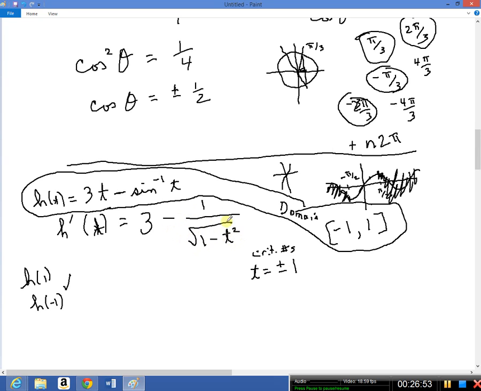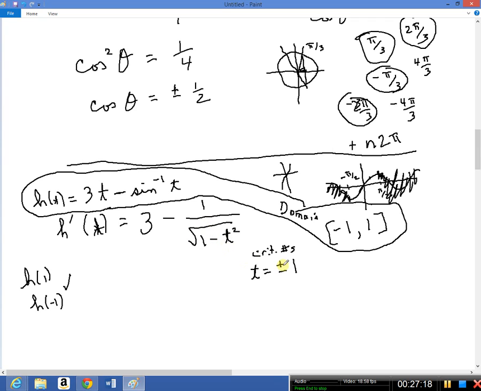Another way to make this thing not exist is to put a t value that would make the radical a negative number under the radical. And that would mean that t squared would have to be bigger than 1. But the only way to have that happen is for t to be bigger than 1, and you can't have t bigger than 1 either on this end or less than -1. So there's no way to make the quantity under the radical negative.